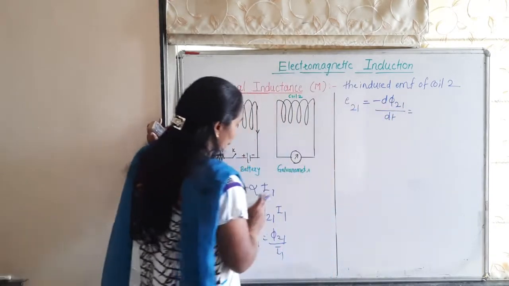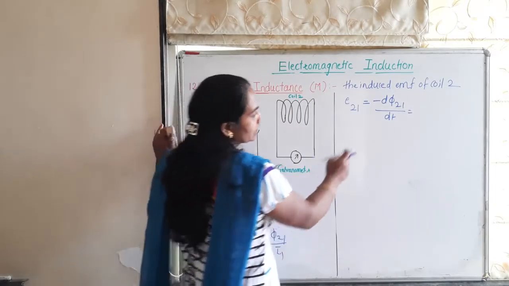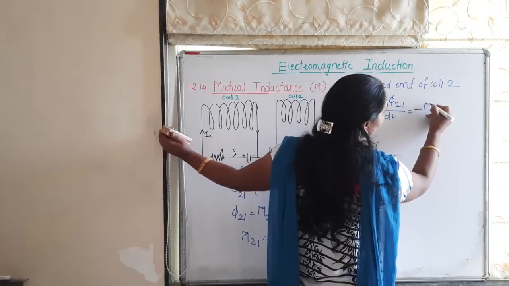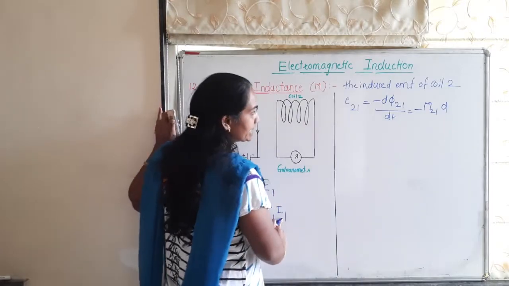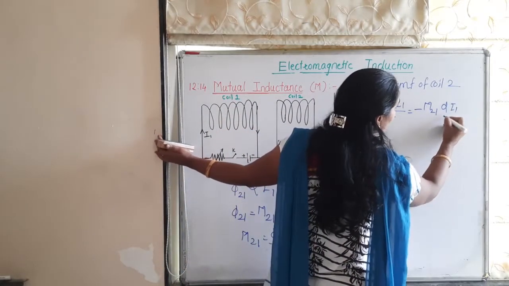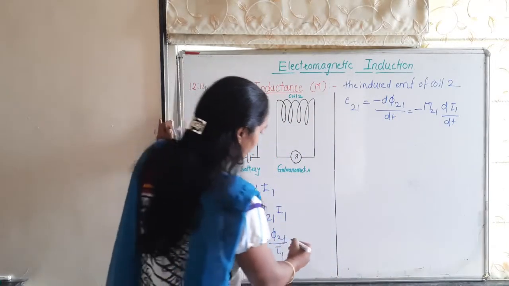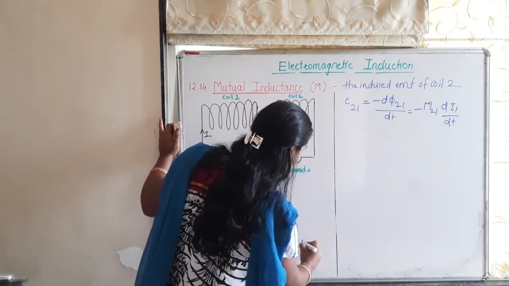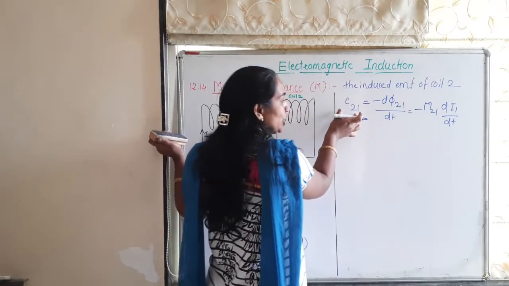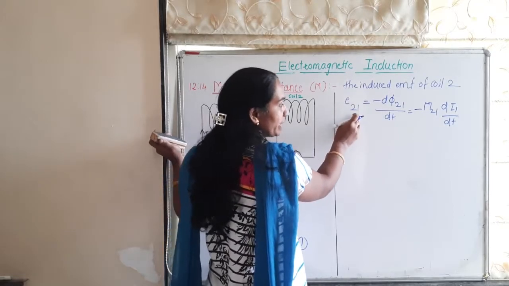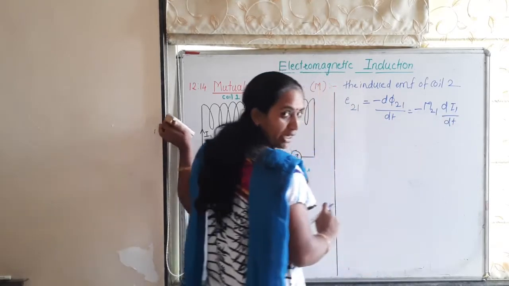We know phi 21 is equal to M21 into I1. Substituting, E21 equals minus M21 dI1 upon dt. Consider this as equation 1.